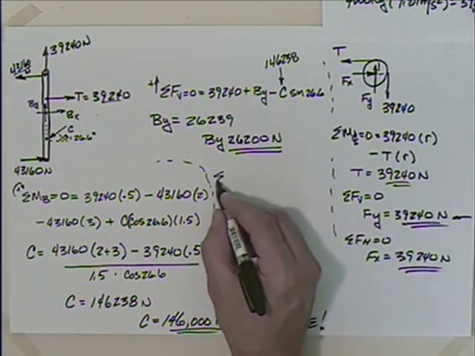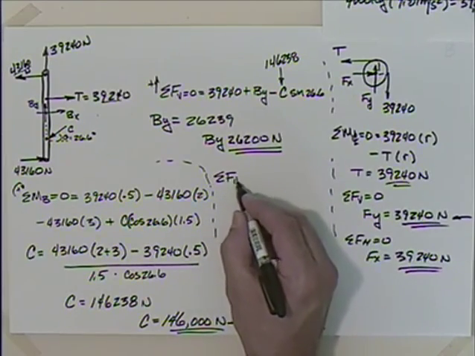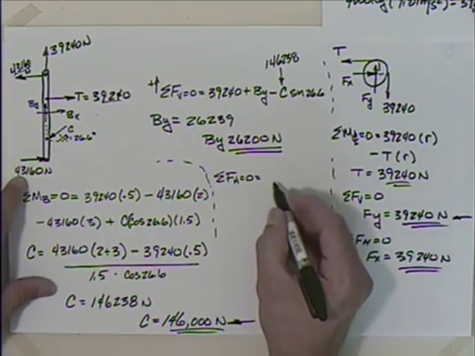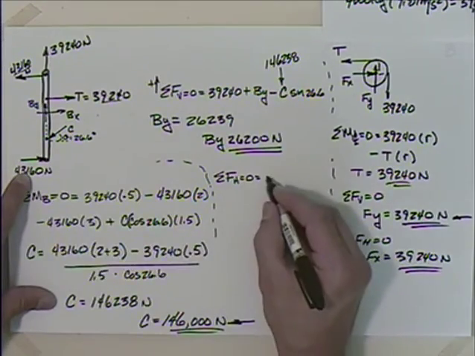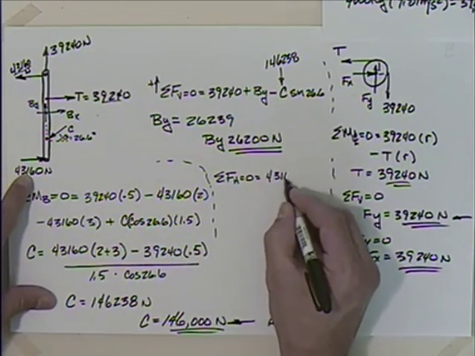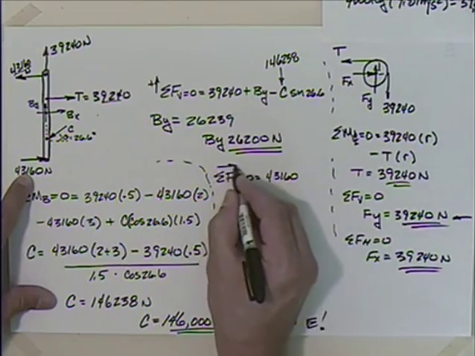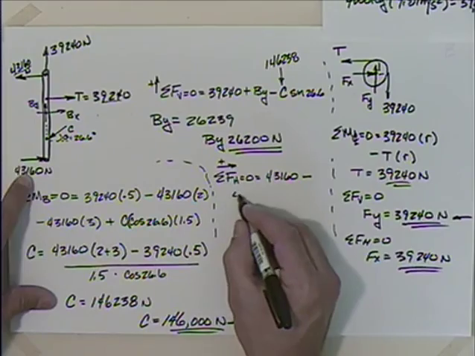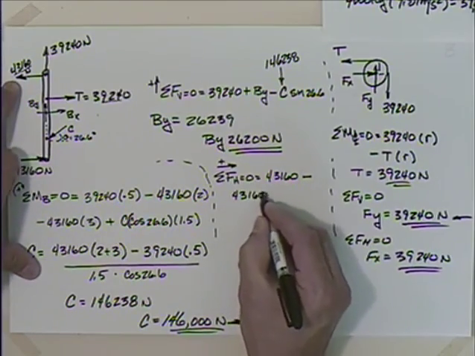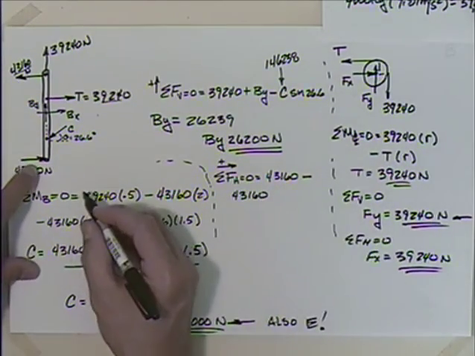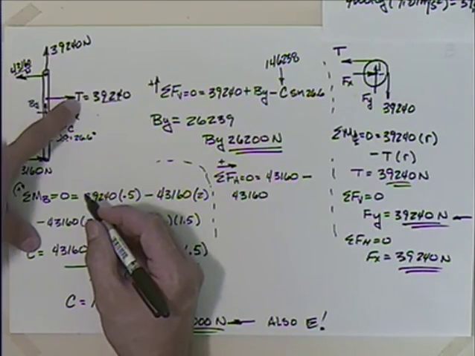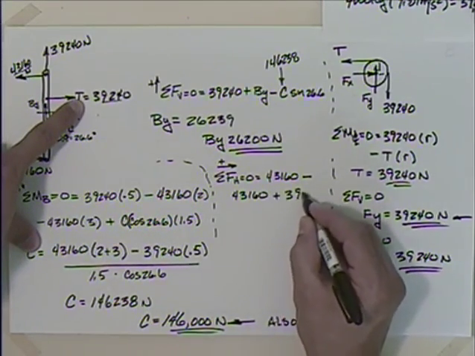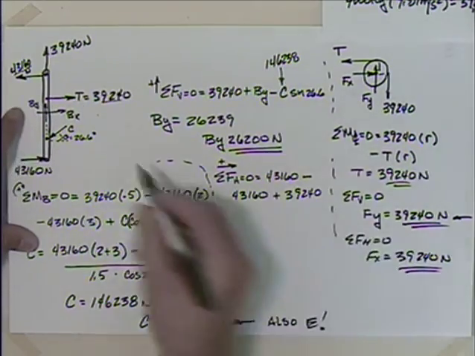And lastly, I think I have room to just slip this in here. What if I were to sum the forces in the horizontal direction, setting that equal to 0? What do I have? I have 43,160, taking positive to the right. Then I'm going to have to subtract off 43,160. So I've taken care of that one. I'm going to have to add to that 39,240.